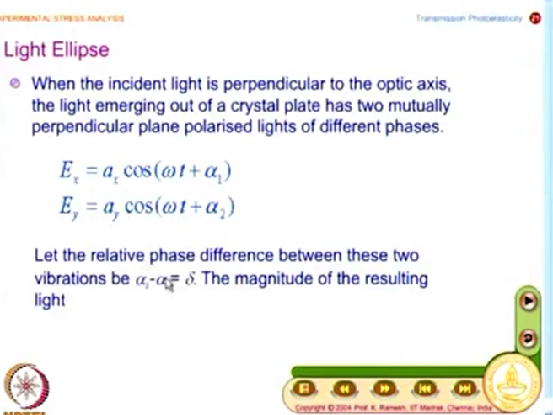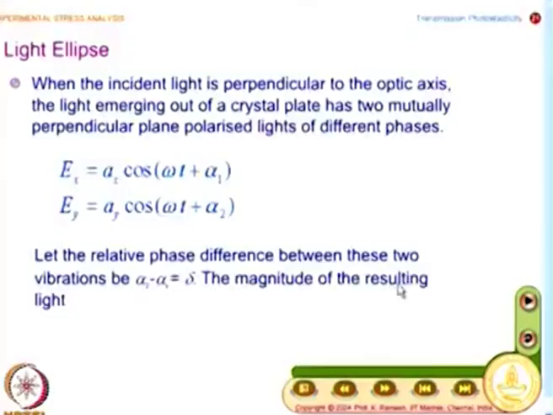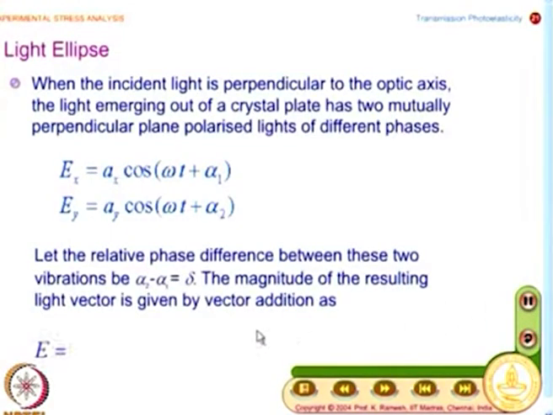So, for one incident light I have two refracted beams and they are simple harmonic, their planes of vibration are mutually perpendicular, and when I want to find out the resultant, the magnitude of the resultant light vector is given by simple vector addition. Suppose I want to find out what E is at a particular instant of time, I simply take the square root of Ex square plus Ey square, and I can find out the amplitude.